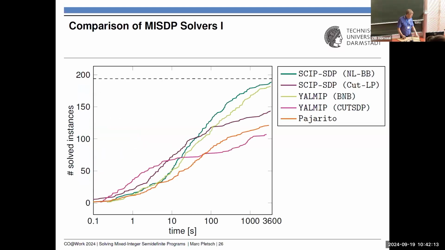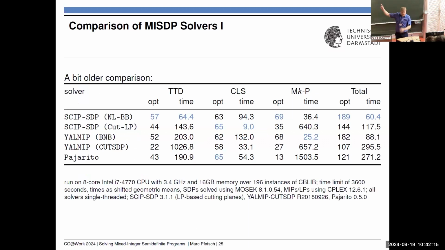We can actually see here, TTD is the truss topology design, CLS is cardinality least squares, MKP is the minimum k partitioning. And what do we see? In the top two rows, it's better for the CLS, it's not so good for the truss topology, and it's really bad for the partitioning. Yeah.